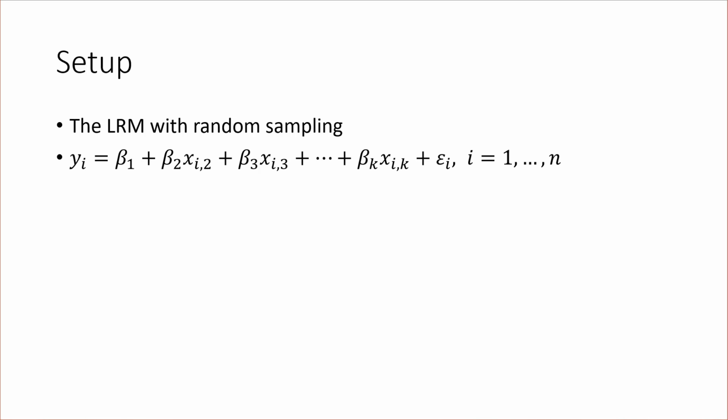So the setup is the linear regression model, and all we need to describe it is this linear regression model with random sampling. We need to have k at least 3. So we need to have at least 2 explanatory variables. With one explanatory variable, multicollinearity can never be a problem.